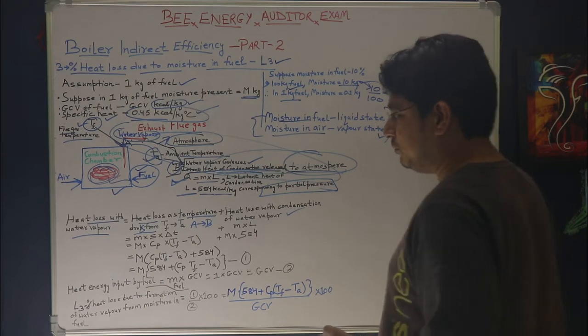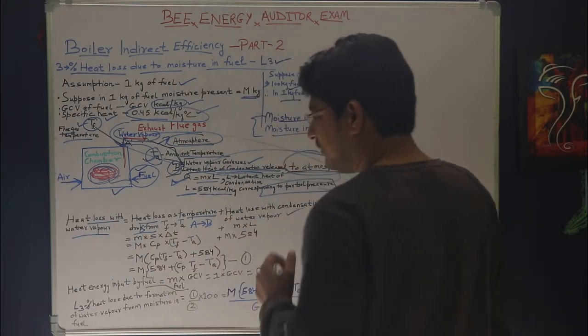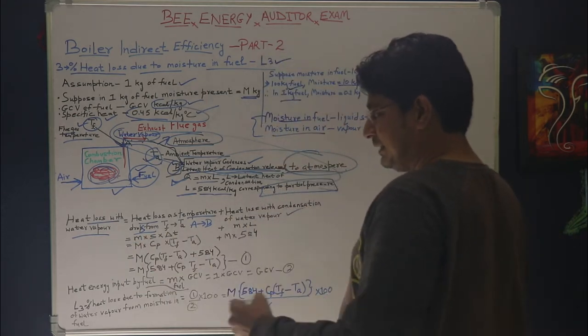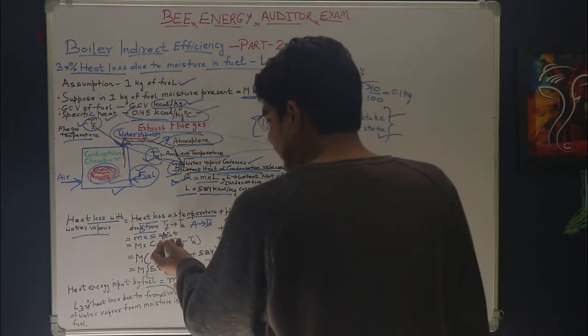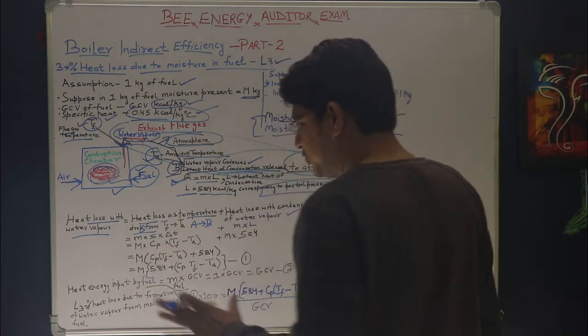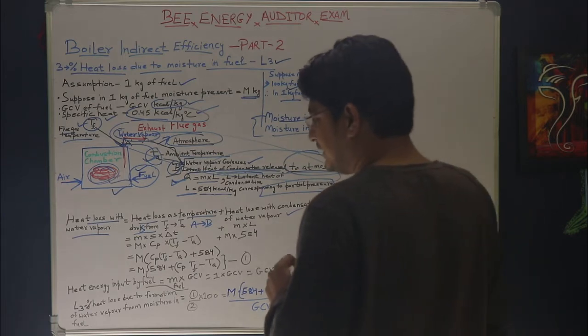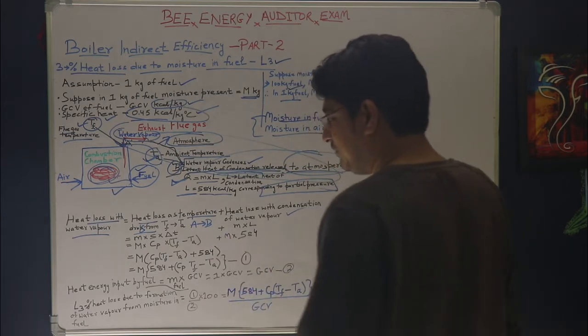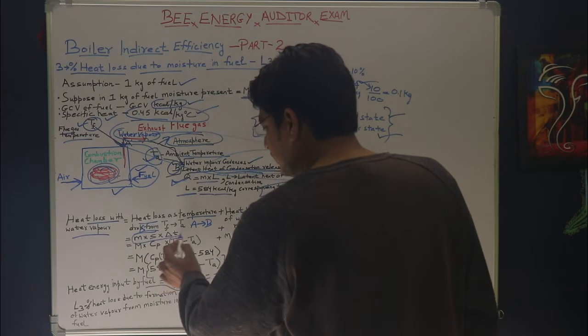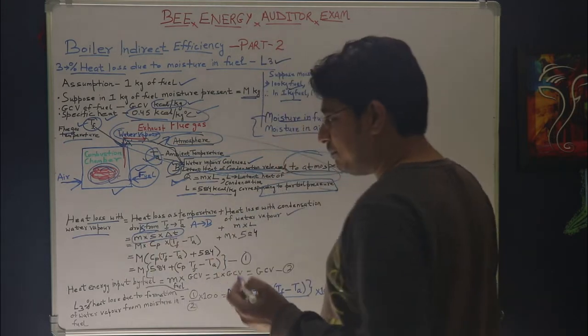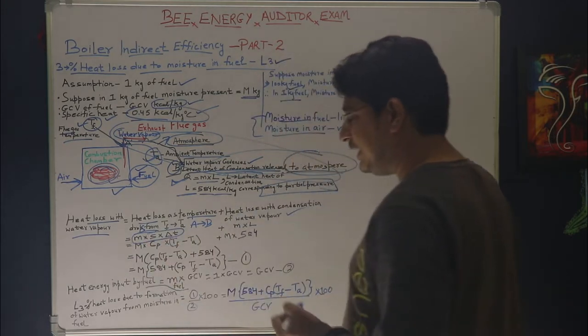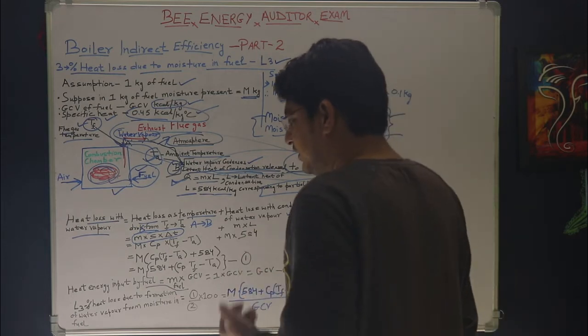Now as you all know, as the water vapor is getting its temperature reduced from Tf to Ta, there is no phase change occurring. So I can say that the heat rejected will be given by the basic formula m into S into delta T, where m is the mass, S is the specific heat, delta T is the temperature difference.